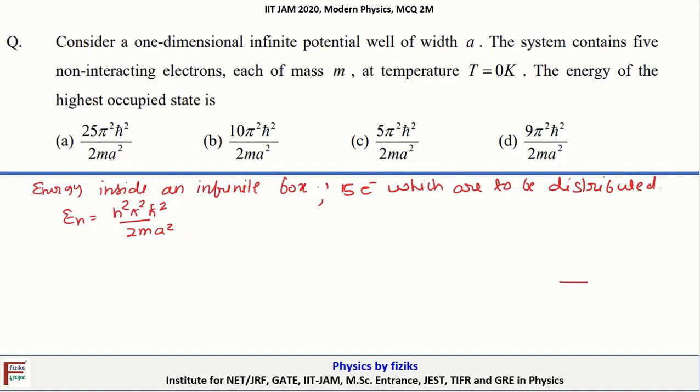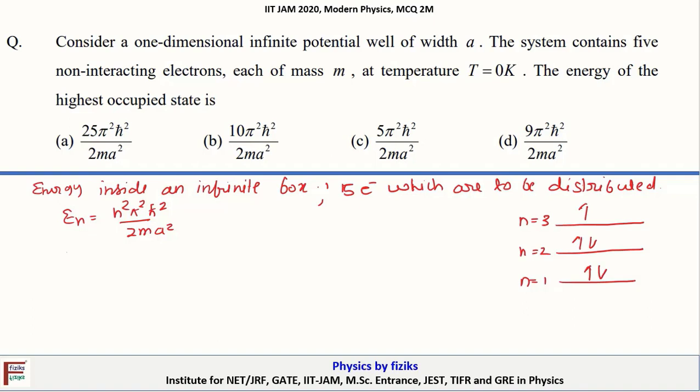Now since electrons are fermions, they can occupy n equals 1, n equals 2, n equals 3. Of the 5 electrons, 2 would occupy n equals 1, 2 would occupy n equals 2, and 1 would occupy n equals 3.